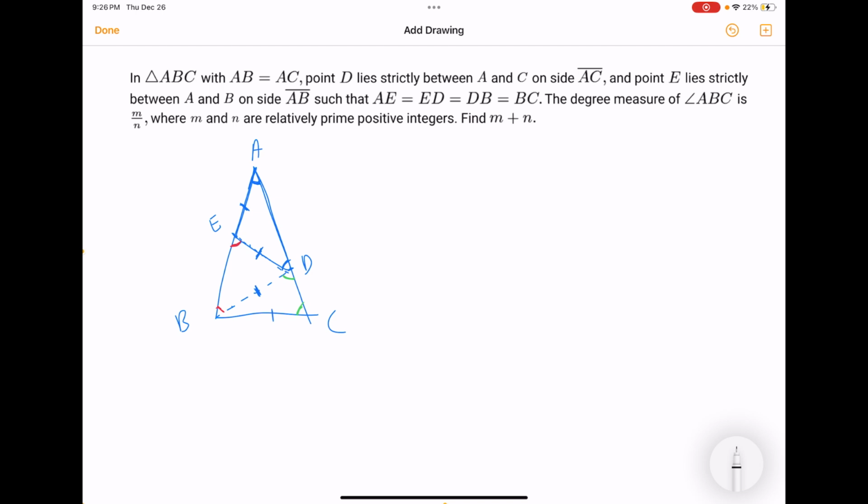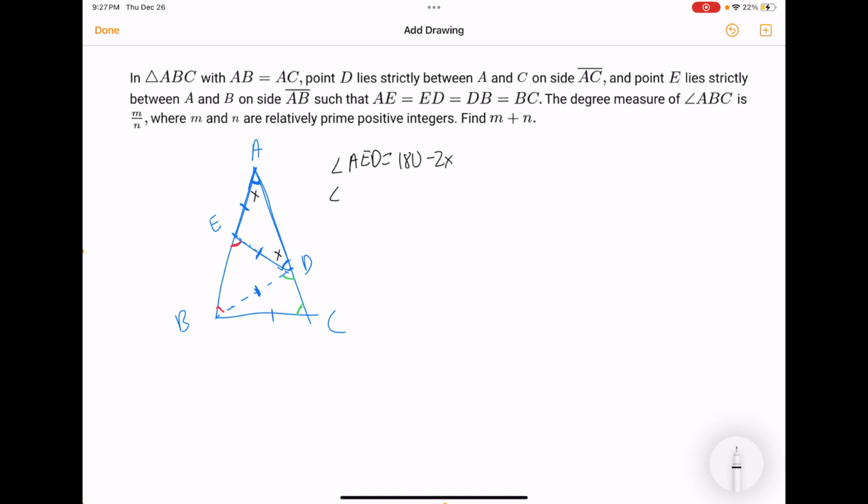Now we know that these angles are the same. I'm going to let angle A be x. And so that means that angle EDA is also x. Then that means angle AED would be equal to 180 minus 2x.